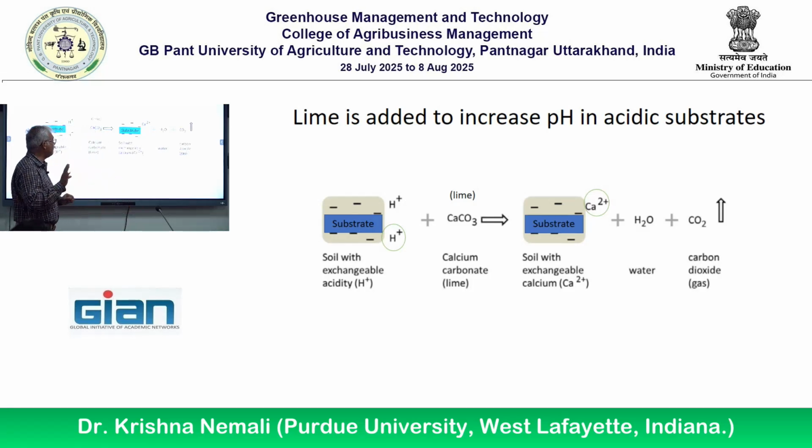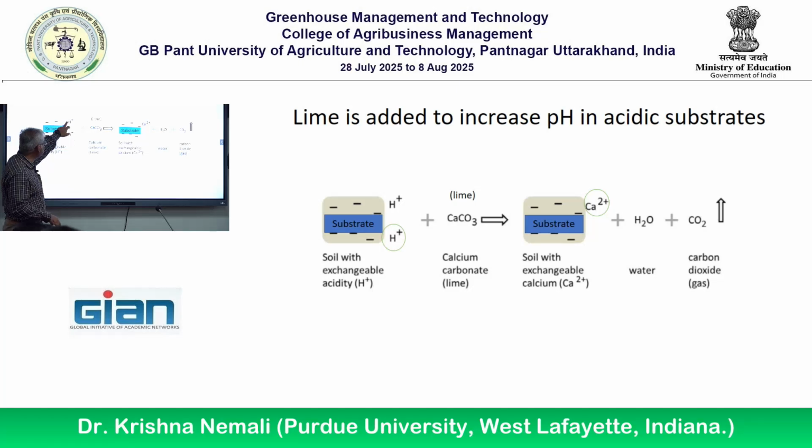But let's say you have a problem where you have a lot of acidic nature. One way to do that is adding calcium carbonate, lime. What happens is when you apply calcium carbonate, calcium simply replaces this H+. This H+ is why the substrate is low in pH. There are a lot of hydronium ions and they're going to get into the water and make it always low in pH.